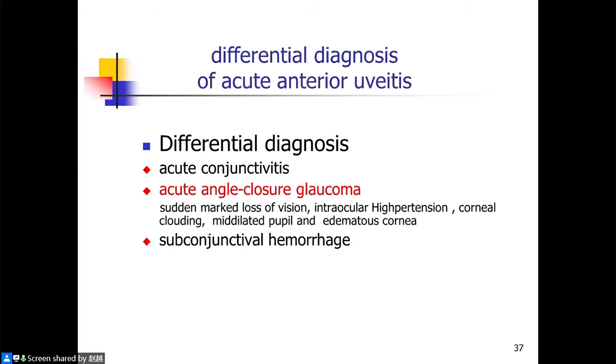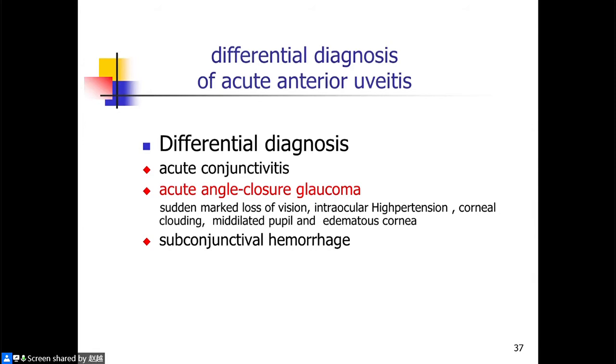Differential diagnosis of acute anterior uveitis. Acute anterior uveitis is mainly differentiated from the following diseases: acute conjunctivitis, acute angle closure glaucoma, and subconjunctival hemorrhage.